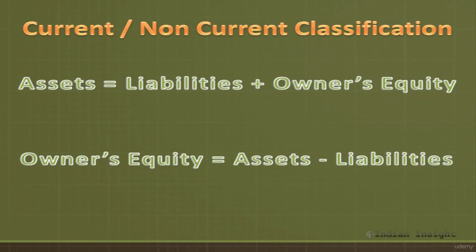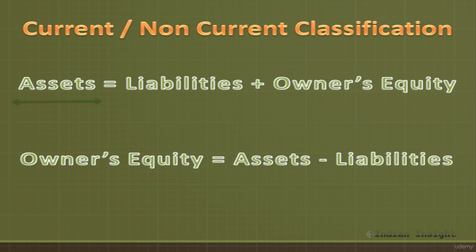The relationship between assets, liabilities, and owner's equity is governed by the equation shown here, which is essentially assets equal to liabilities plus owner's equity. This equation says that the total amount of assets must equal or balance the combined total amount of liabilities and owner's equity.